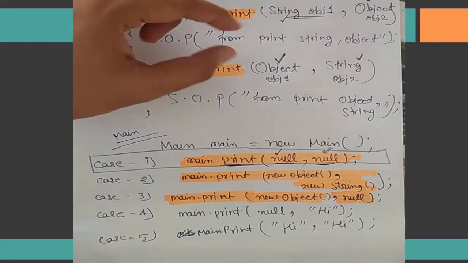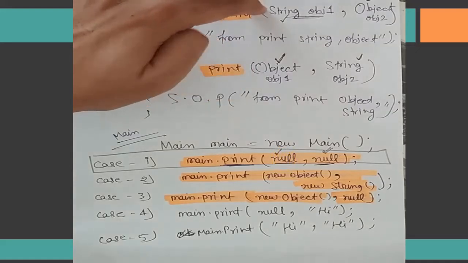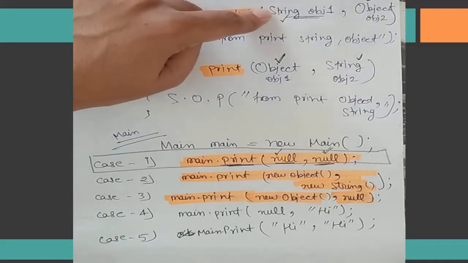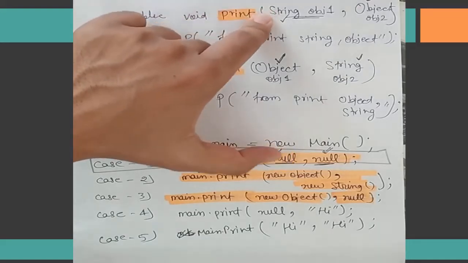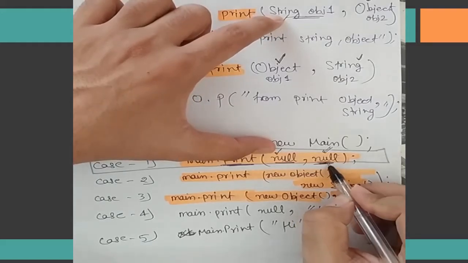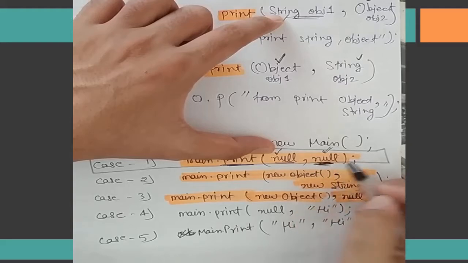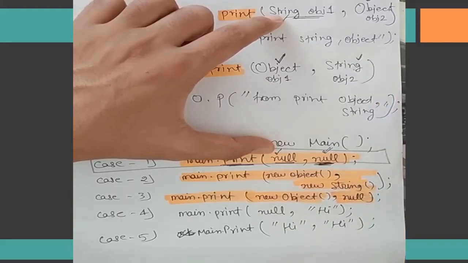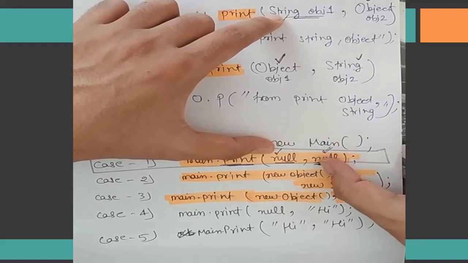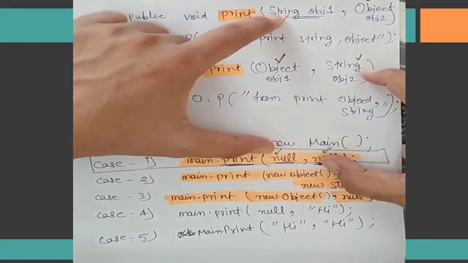Between Object and String, String is most specific for the first null, and for the second null as well, String is most specific.